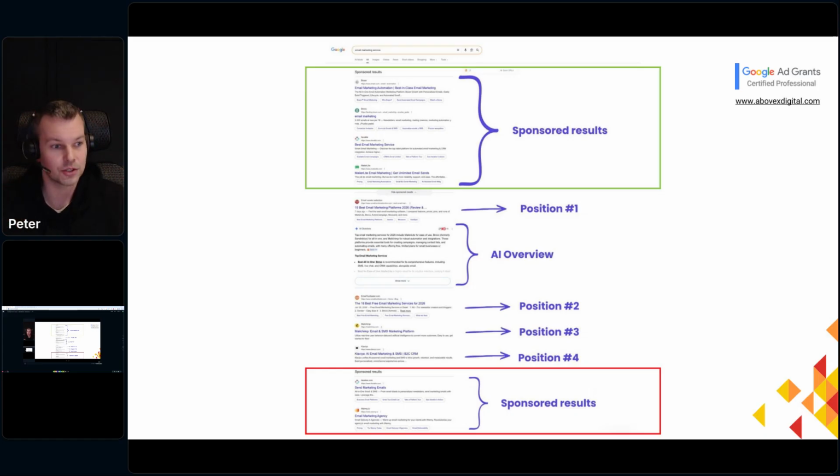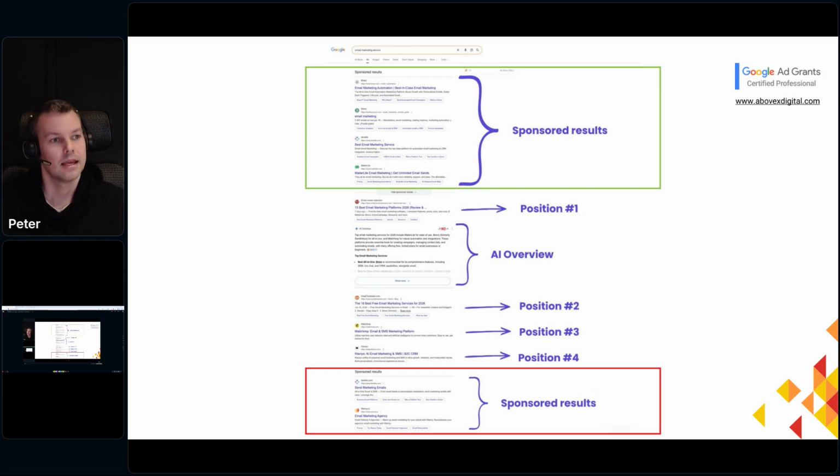But if the grant auction serves on the bottom of the page, or in some cases doesn't serve at all, simply because the keyword is too competitive, then you cannot get the impressions and you cannot get the clicks. That's why if you run the same keyword in a grant and a commercial account, you will always see much more impressions and clicks from the commercial ad, because it just ranks better.